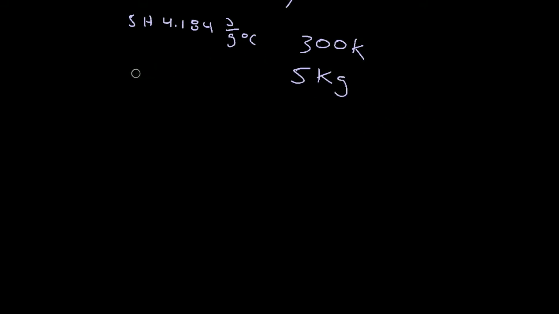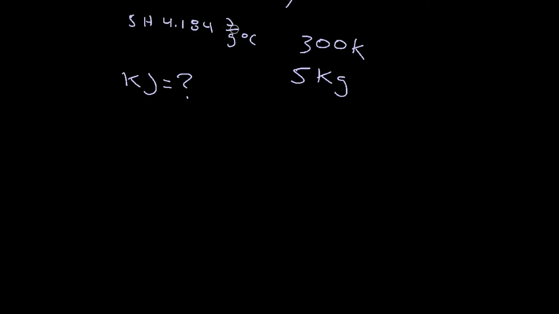We want to know how many. Let's just get real crazy and say we want to know how many kilojoules that is. So how many kilojoules are in all this? Well, don't let this intimidate you. Just because your specific heat is in joules per gram per degree Celsius doesn't mean that you can't do the problem.